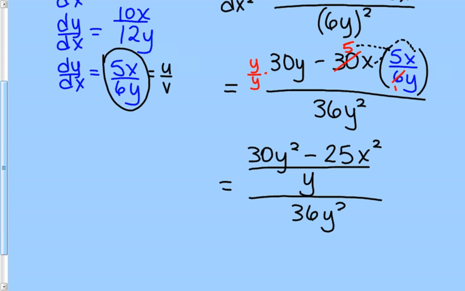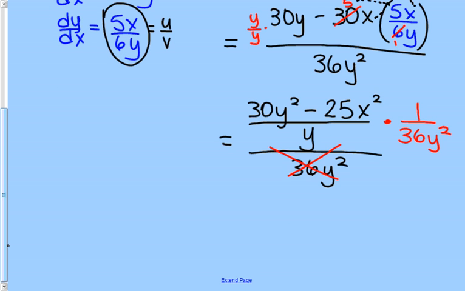Okay, I still have a fraction inside of a fraction. So the way you divide fractions is you multiply by the reciprocal of the second fraction. Or in this case, I'm going to multiply by the reciprocal of the denominator, which would be 1 over 36y squared. And then I no longer need this part. So 30y squared minus 25x squared over, and then the y and then 36y squared, that becomes 36y cubed.